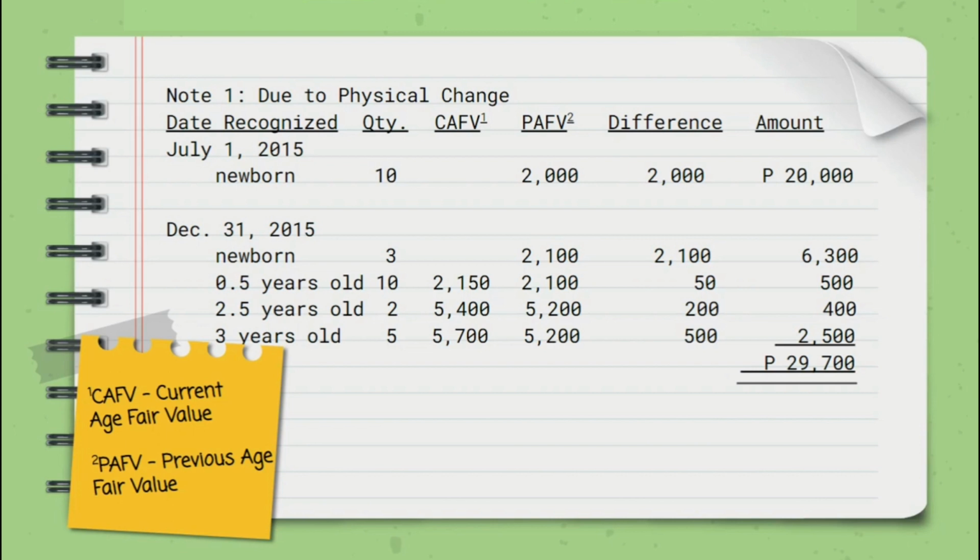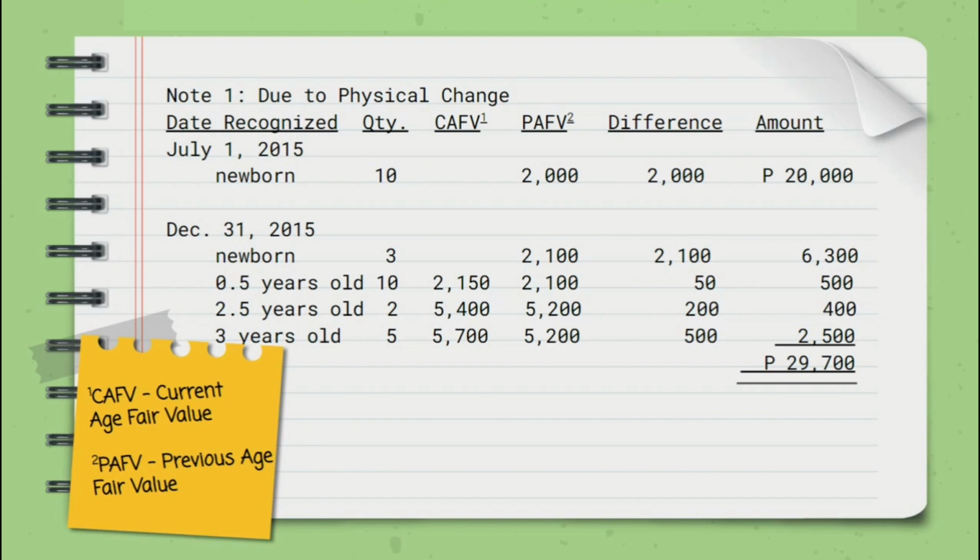And they also acquired 10 pieces of 0.5 years old with the current age fair value of 2,150 pesos and the previous age fair value of 2,100. And the difference to that is 50 pesos. When multiplied by 10 will give us the amount of 500 pesos.